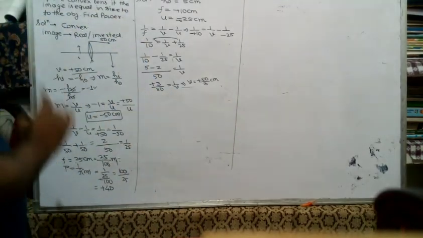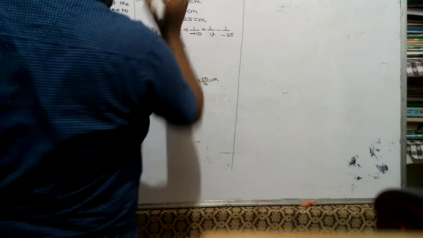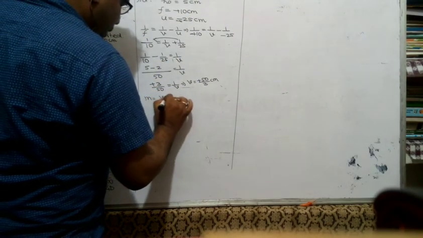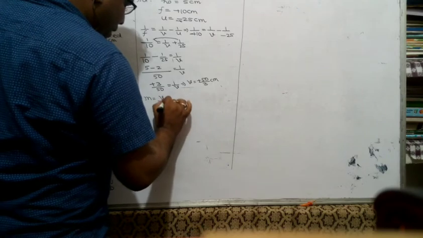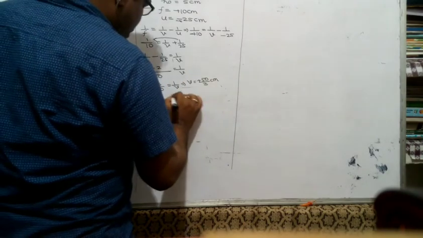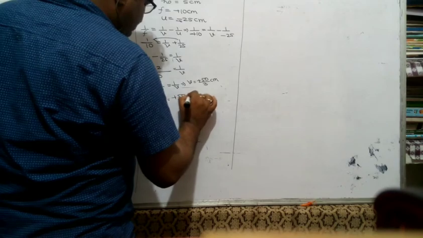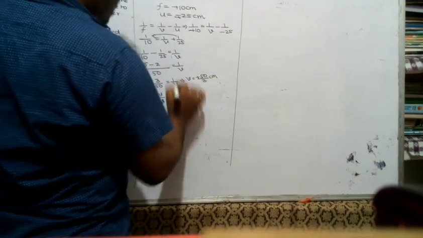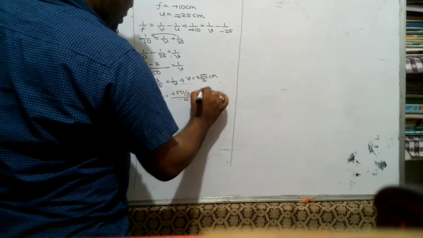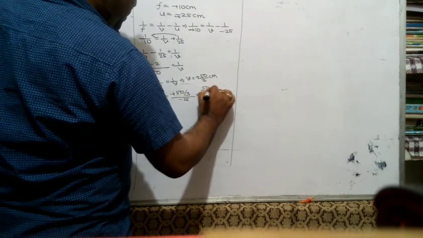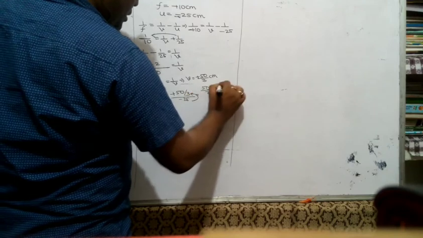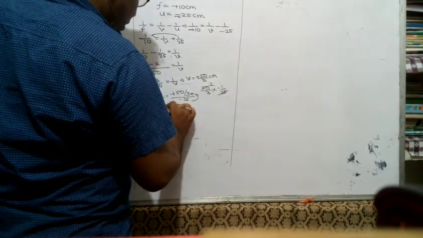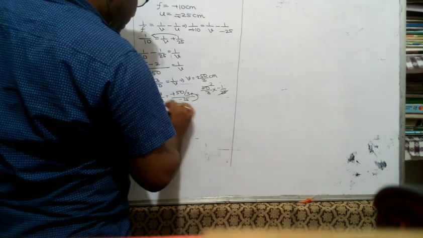Okay, this is v. Now nature and size, m is equal to v upon u. In place of v, plus 50 by 3, and u is minus 25. So 50 by 3 into minus 1 upon 25. 25 2s are 50, that is minus 2 by 3.